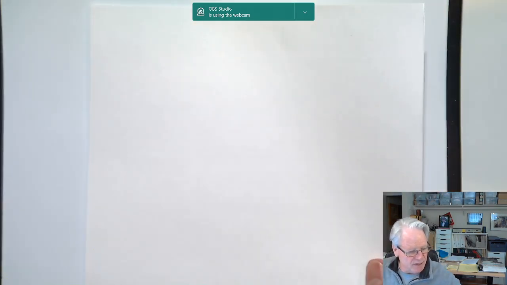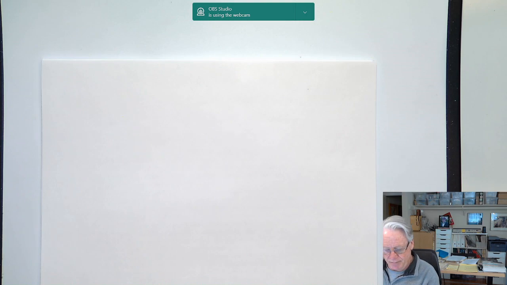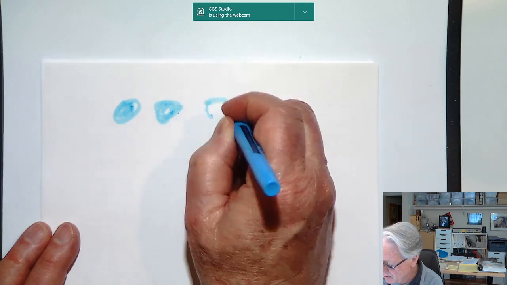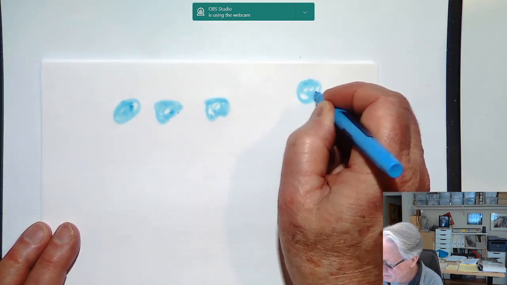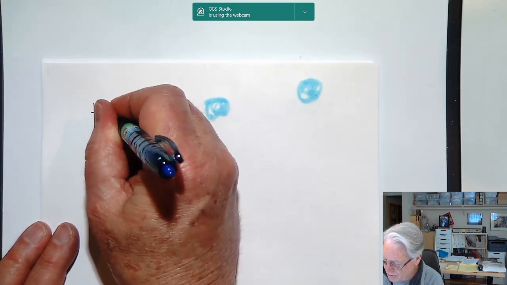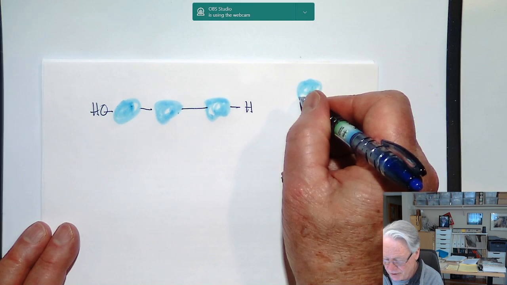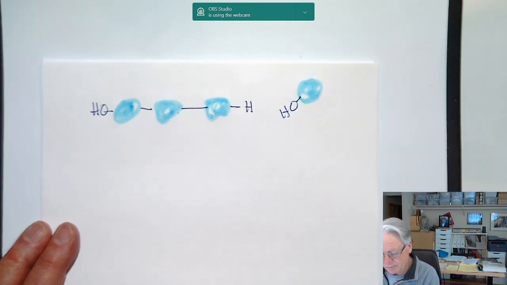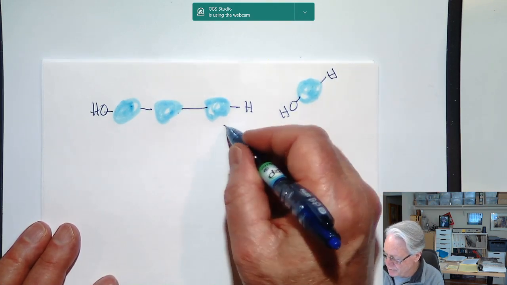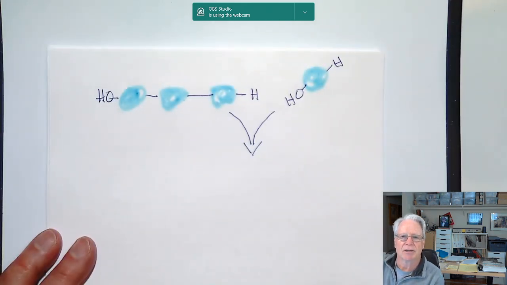And we'll basically do the same thing as we've just done with our notes. So we're going to grab, okay, and we're going to have HO, connect these here, and we're going to have H here, and we're going to have HO here, and a hydrogen here, and we're going to bring these 2 together. There you go.